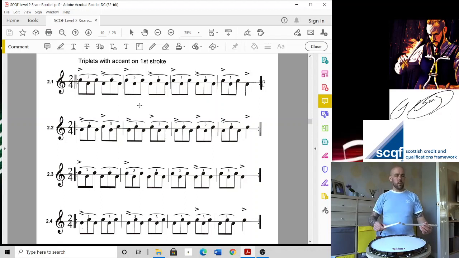Third line. 1 day, 2 day, 1 day, 2 day, 1 day, 2 day, 1 day, 2. Repeated. Last line. 1 day, 2 day, 1 day, 2 day, 1 day, 2 day, 1 day, 2.